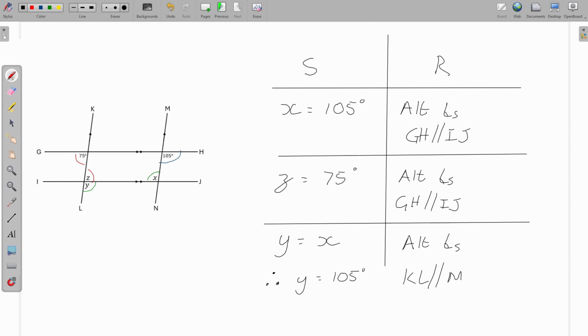Now, we don't need to put any additional reasons for why X is 105, because we already dealt with that in our first section here. Now there's the way you would need to approach question 4.